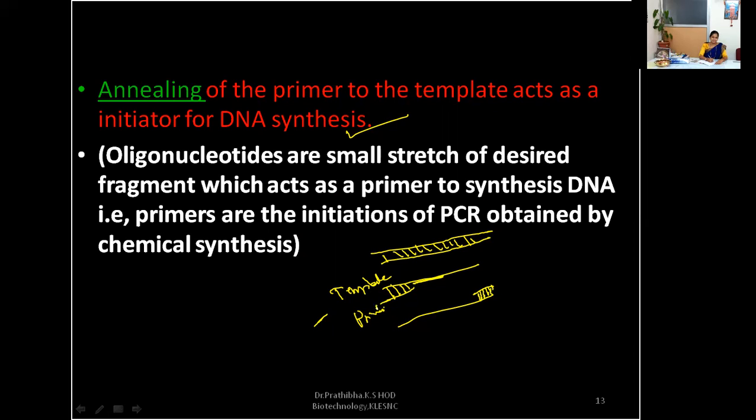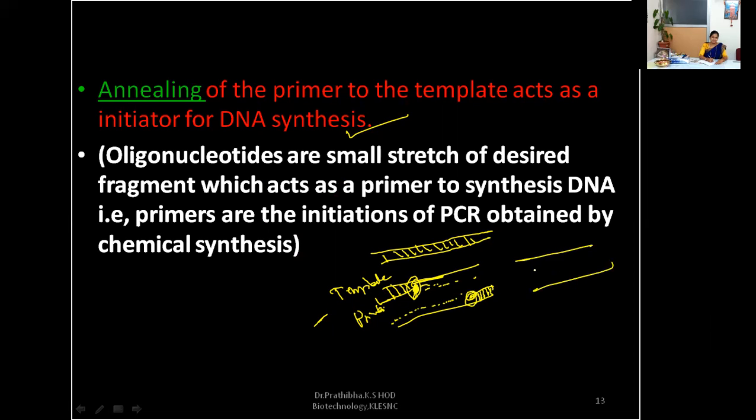For example, if this is the 5' to 3', this will become the forward primer. Here DNA polymerase goes and binds. Once it gets the double strand initiation, it will start synthesizing the individual nucleotides according to the template DNA. Here also the Taq DNA polymerase goes and binds and synthesizes the individual nucleotides according to the template DNA. Hope you understand.